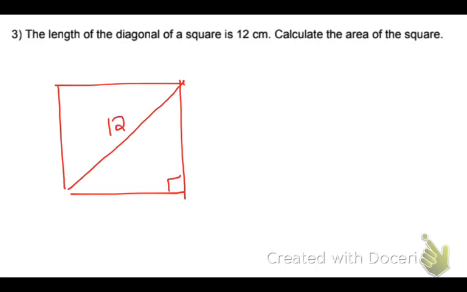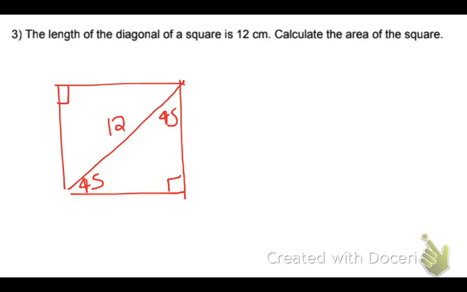Well, in a square, we know that the corners all make right triangles, which means when we do this diagonal and we split those two angles in half, so this angle automatically becomes 45 because we split the 90-degree angle in half. So we made two 45, 45, 90 triangles where that angle is 45 degrees and that angle is 45 degrees.